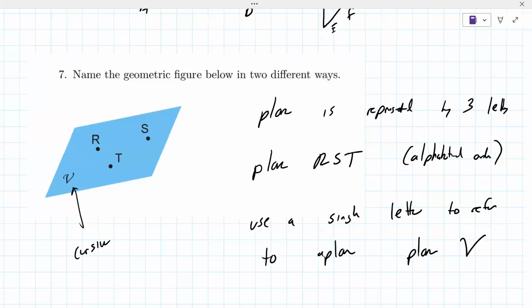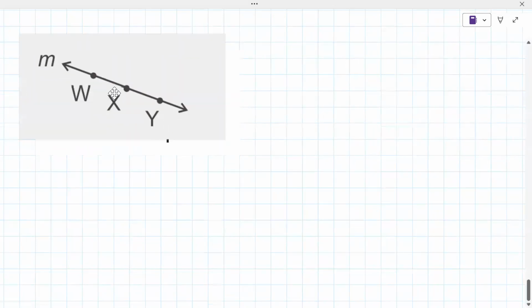All right, so let's look at a line next. A line can be represented with two letters, like WX. Is there another way that you could represent this line with two letters?